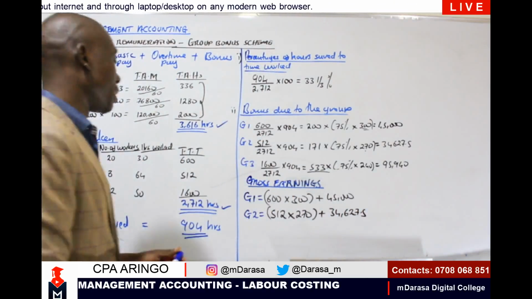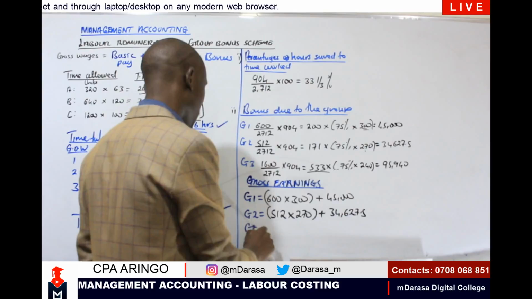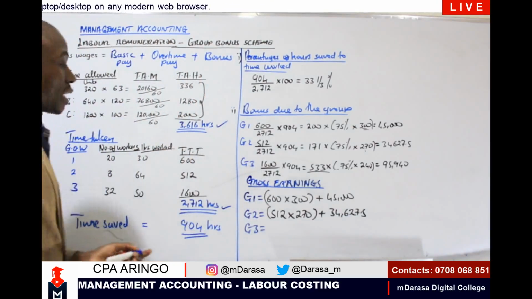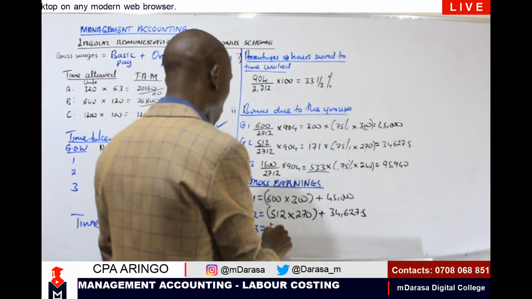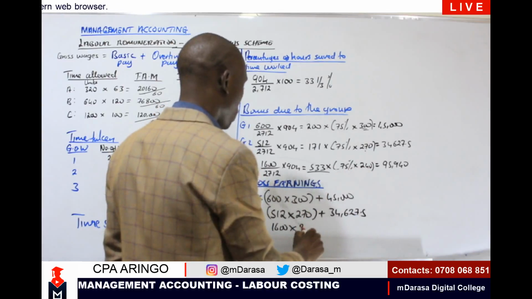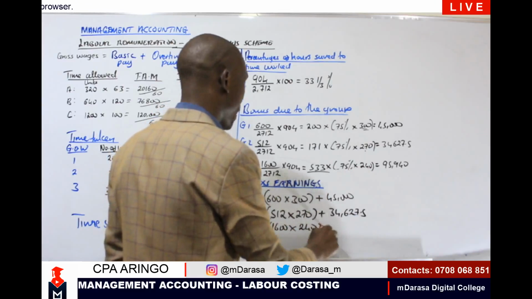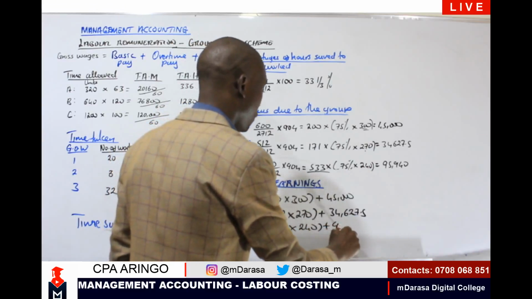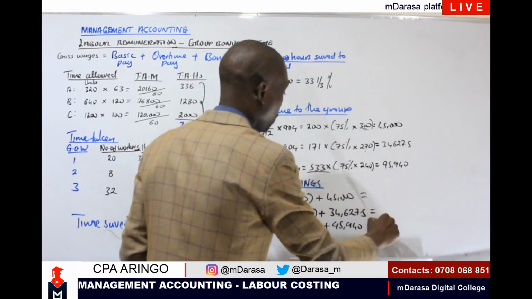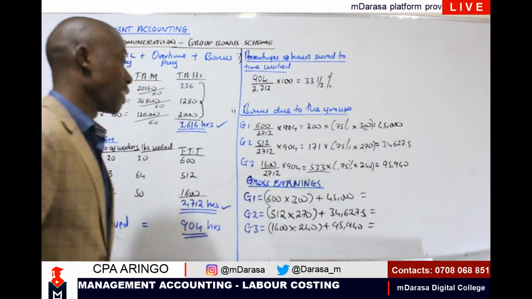What about grade 3? I'm having hours here, which is 1,600 worked, right? By 1,600 hours we are paying how much? 240. We add bonus 95,940. So therefore, this should give us our gross earnings to the group.